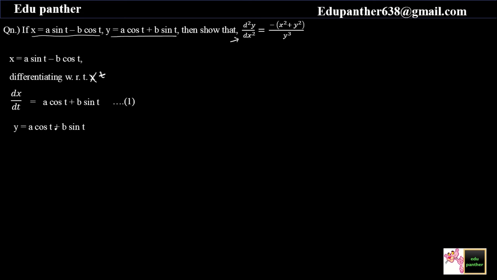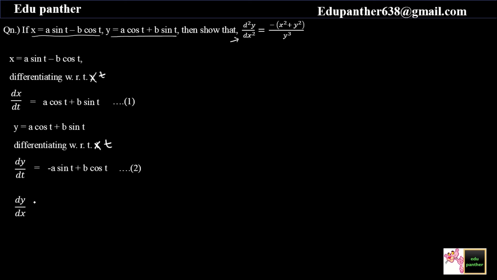Now take y is a cos t plus b sin t. Again, instead of differentiating with respect to x, we have to differentiate with respect to t. So dy by dt is a times the derivative of cos t, which is minus sin t, plus b times the derivative of sin t, which is cos t. This is simple. This is your second equation. So we have got dx by dt, dy by dt. First we need to find dy by dx.